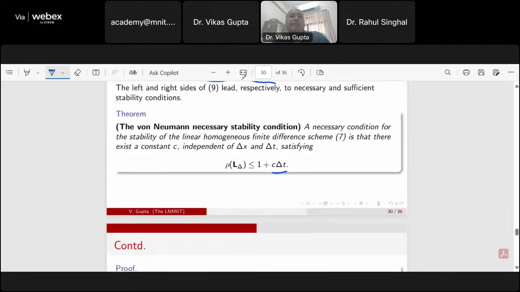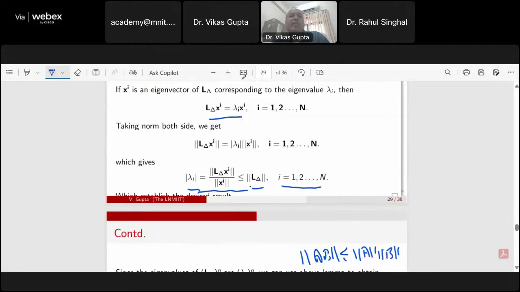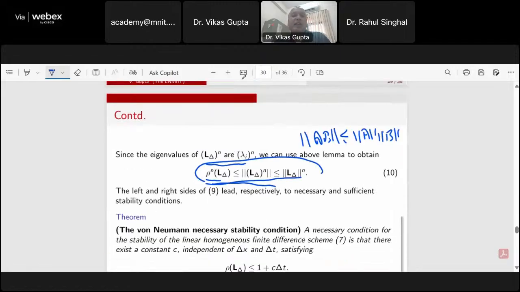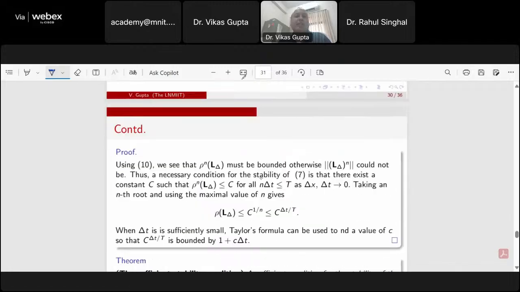And note that here our aim is to bound the growth of L delta. So note that here rho of L delta must be bounded, otherwise the norm of the nth power of L delta could not be.